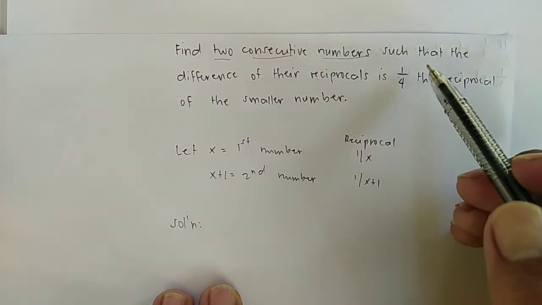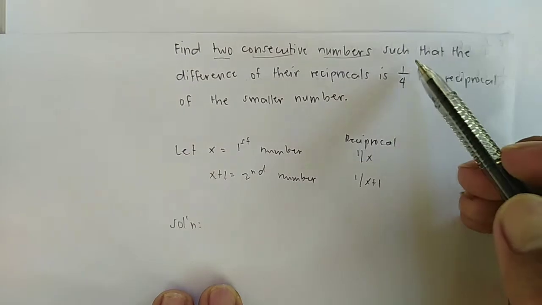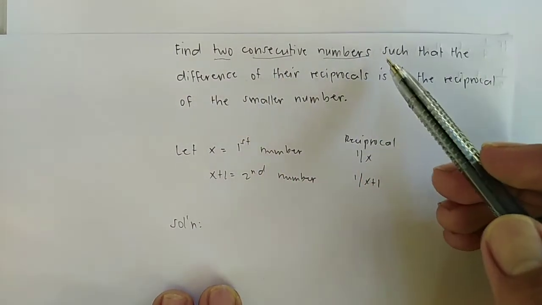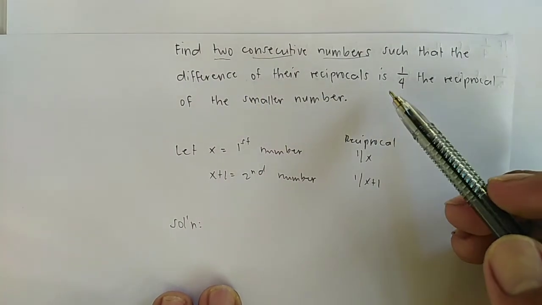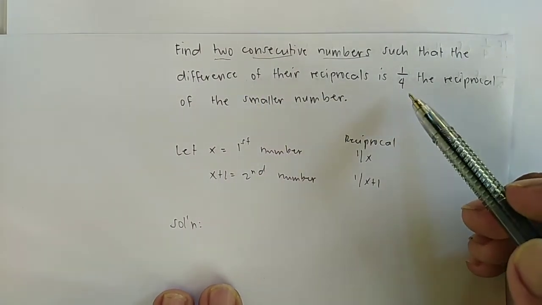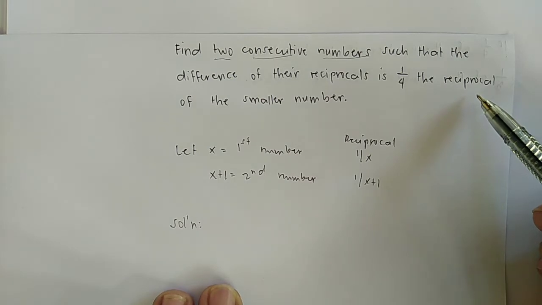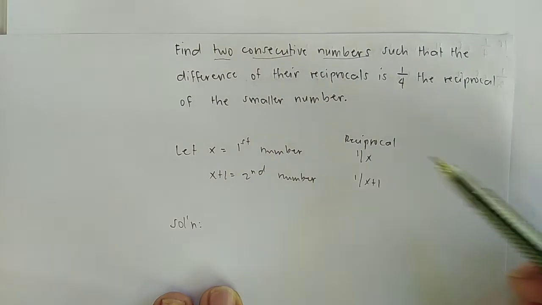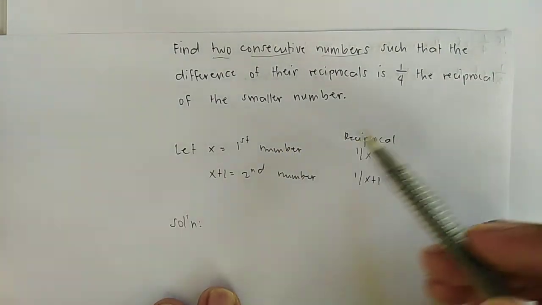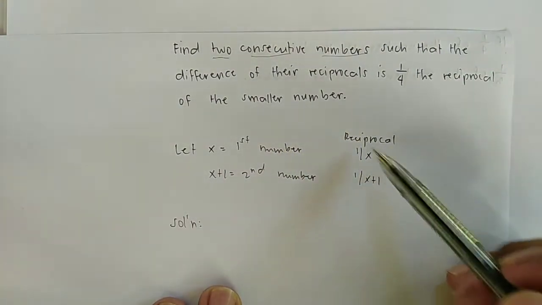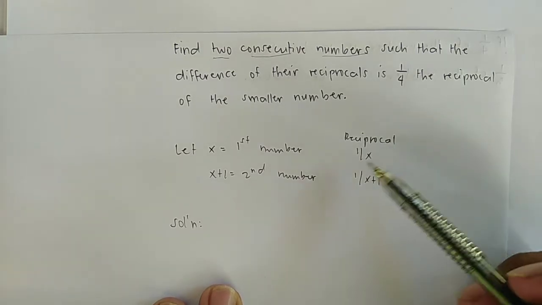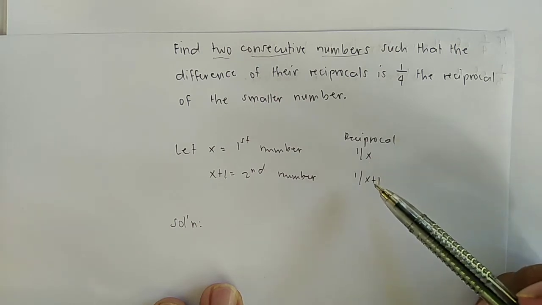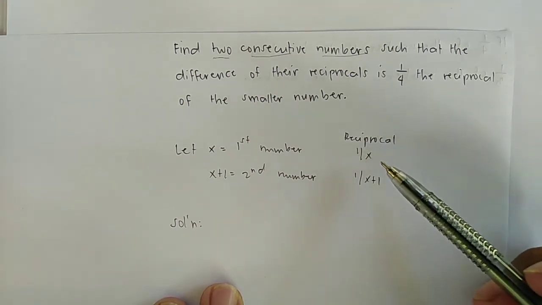So notice that the problem says the difference of the reciprocals is 1/4 the reciprocal of the smaller number. So we have here now the difference of these two. So our smaller number, if we are going to get the reciprocal, will be 1 over x.